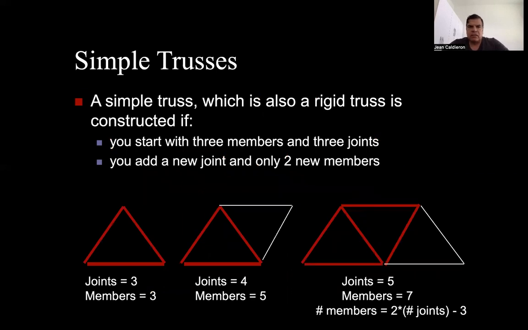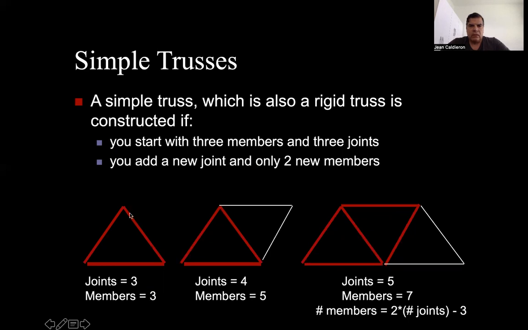Simple trusses are the ones that are built by starting with three members, I mean, starting with a triangle that we have here in red colors, and after, for every new joint, we have two members. That is the easiest way to make a truss, and it's the way that we usually use in order to do the project that you will be working on.